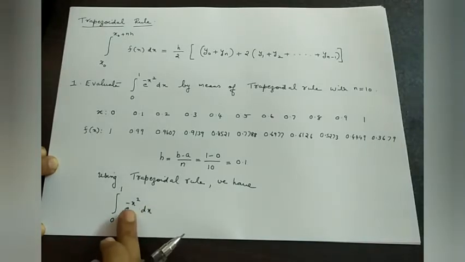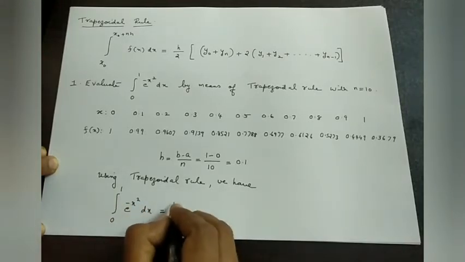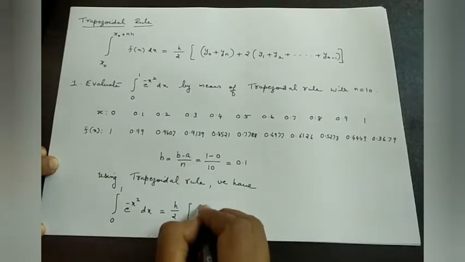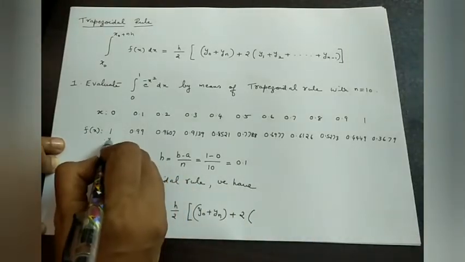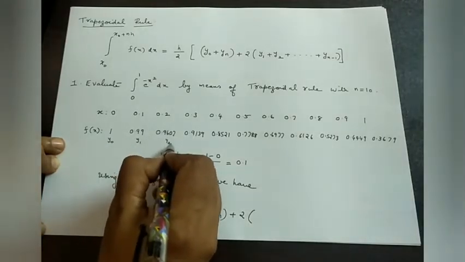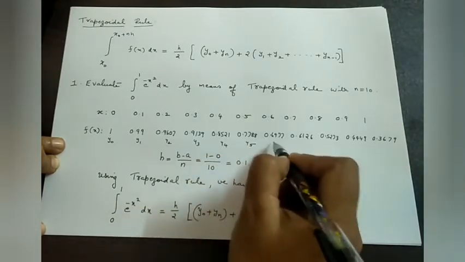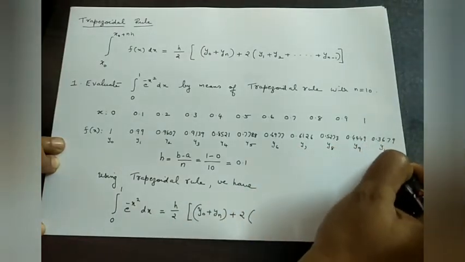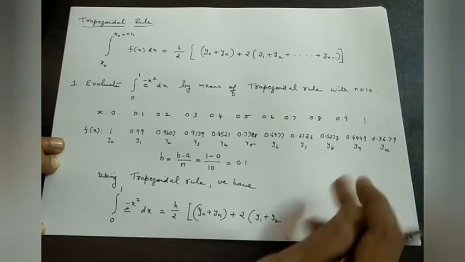Here the function is e raised to minus x square, and in the place of x naught we have 0 and in the place of x naught plus nh we have 1, which is equal to h by 2 into y0 plus yn plus 2 into y1 plus y2 plus etc. up to yn minus 1. Here we have the values y0, then y1, y2, y3, y4, y5, y6, y7, y8, y9, y10.